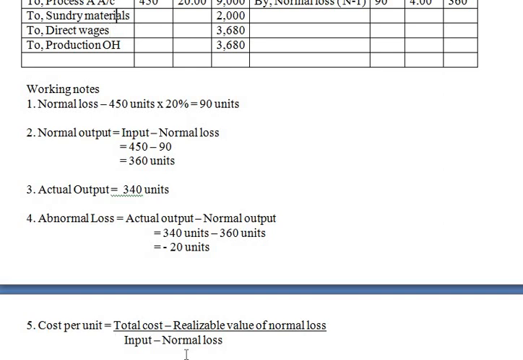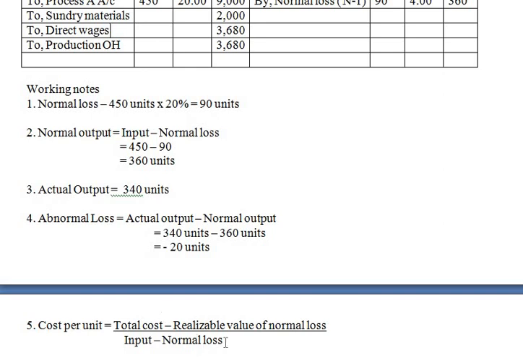Now in working note I have given in the previous video that either it is abnormal loss or abnormal gain, that has to be calculated on cost per unit. Now cost per unit we need to find out. So for that, take down one more working note, cost per unit. The formula is total cost minus realizable value of normal loss divided by input minus normal loss.